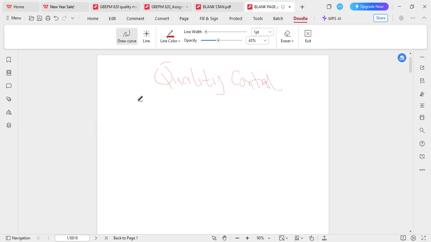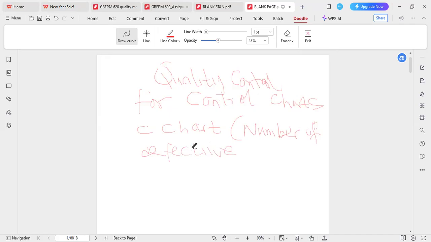For control charts, we have the C chart, which is for the number of defective chart. So it's a number of defective chart.